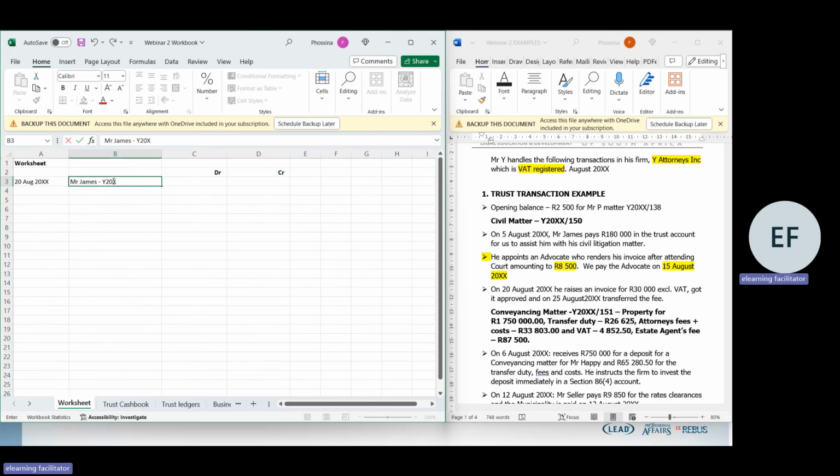So if you look at the accounting equation, remember our accounting equation, let me write it here.